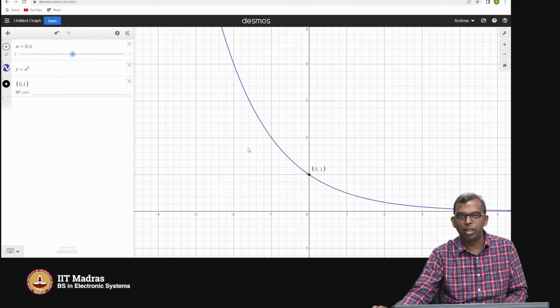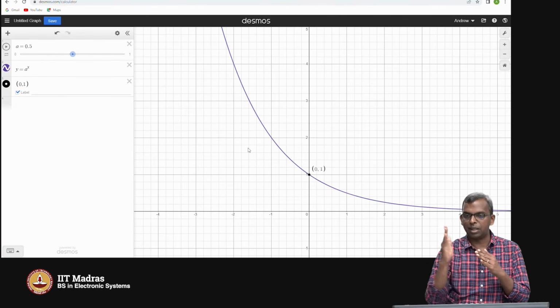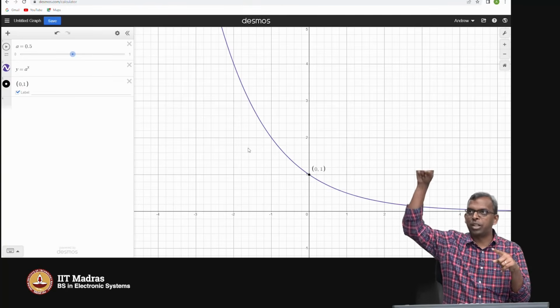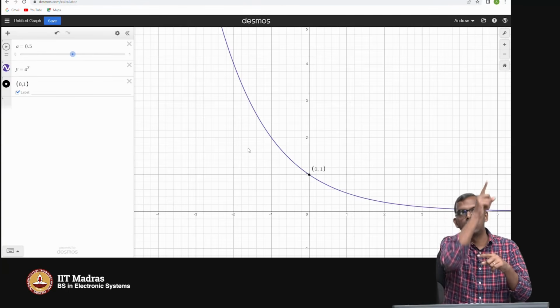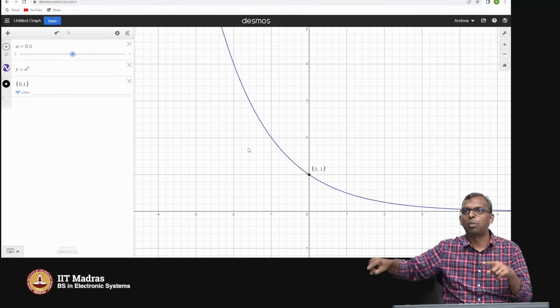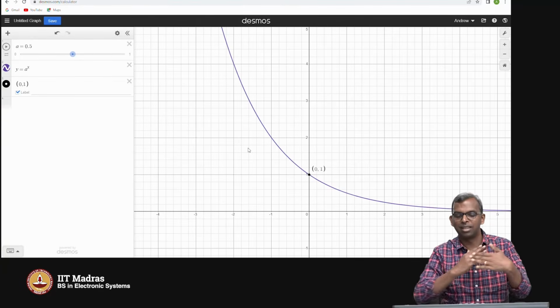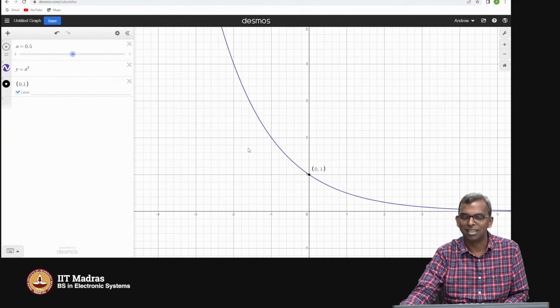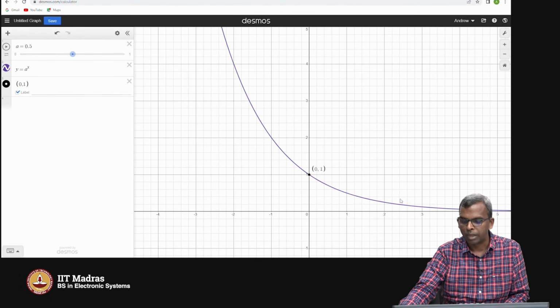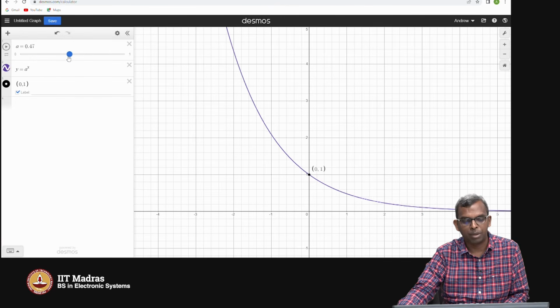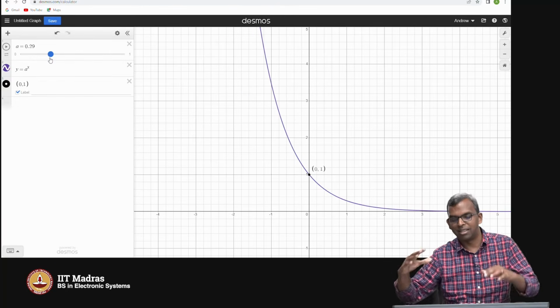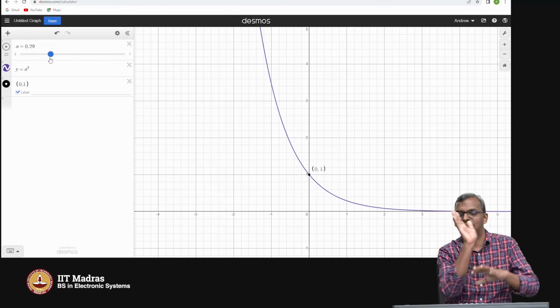So hopefully you see that when a is greater than 1, it has this kind of an exponential behavior. When a is less than 1, you have a fall behavior. Okay, so those two things are a bit away from each other. So I hope this picture is clear to you. A less than 1 will have this kind of an exponential behavior, and as I keep reducing the value, it moves in this sort of fashion.